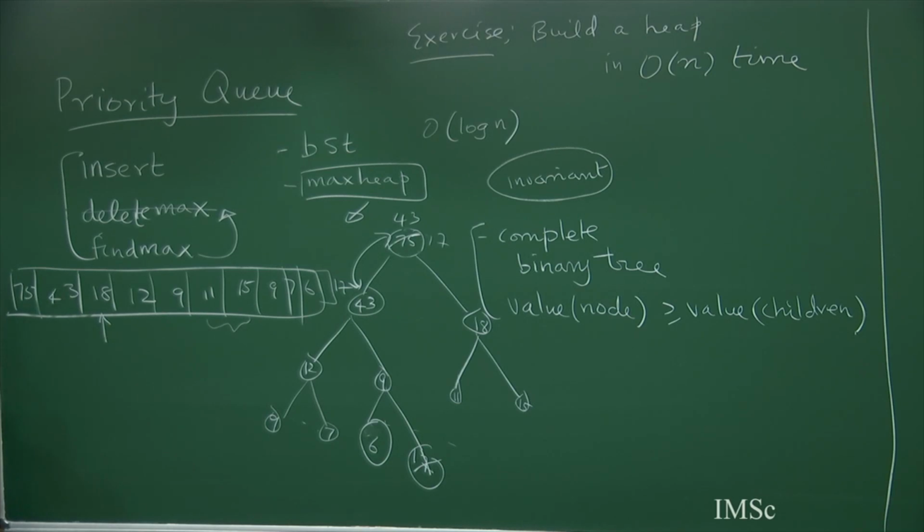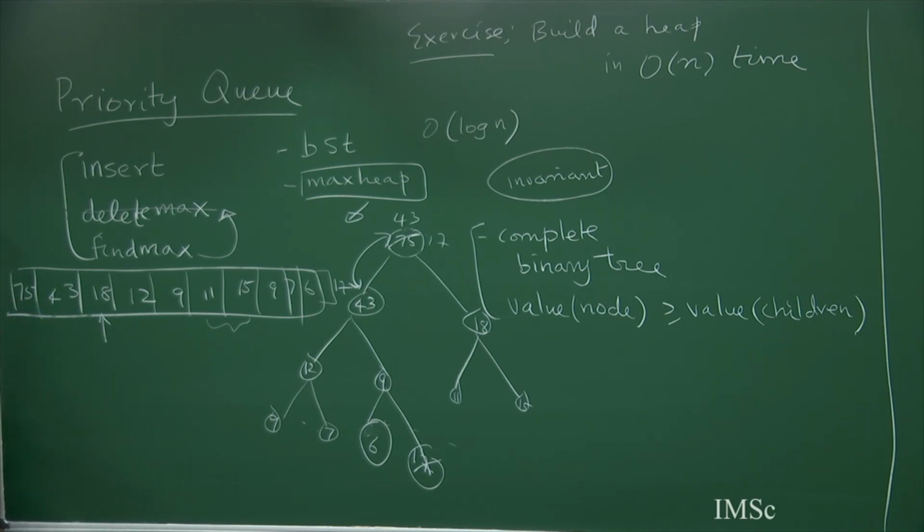After you do this, then what do you do to sort? Build a heap and then delete max. You do a delete max operation, the max will come to the end. Another delete max operation, the max will come to the end. So, you do n minus 1 or n delete max operations, and the array will be sorted.